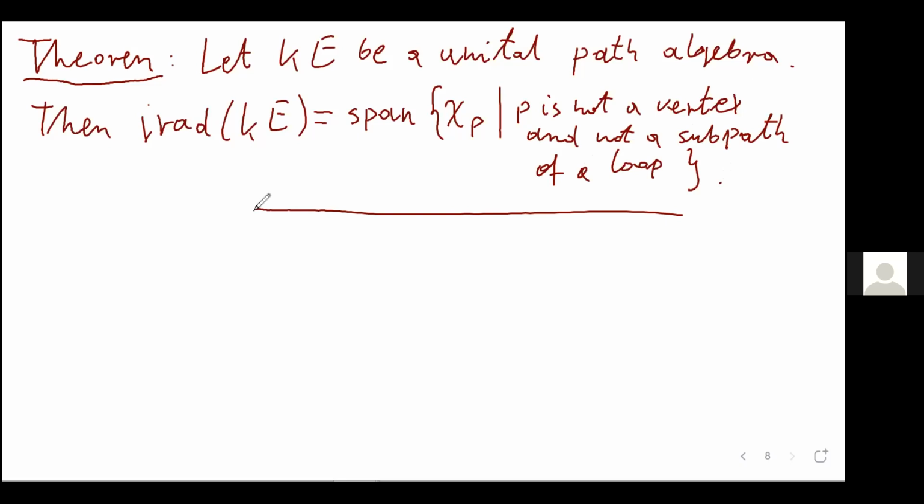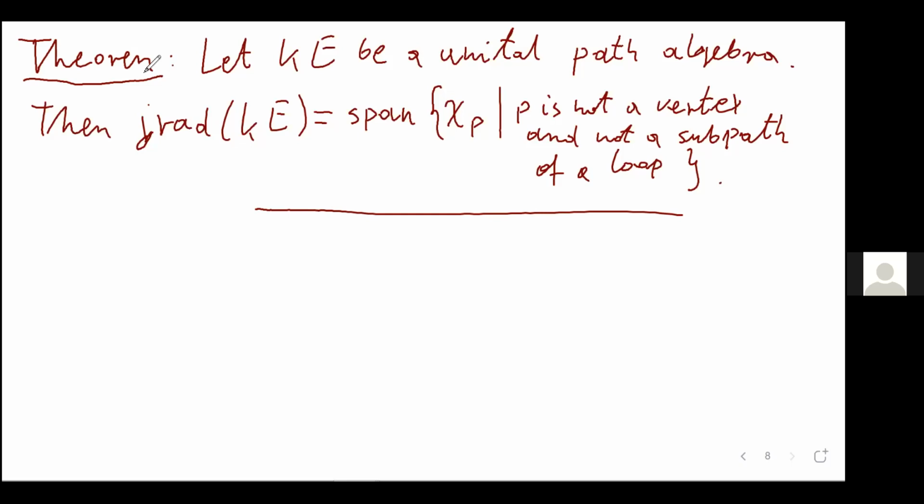And let me say why it is exciting. Well, it is exciting because it's completely general. I mean, almost. The only thing we assume is unitality. When you look into books, everywhere you find a much simpler version of this theorem, which assumes your graph to be finite and acyclic, or at least acyclic. When your graph is acyclic, then it's obvious that the set defined on the right is simply the arrow ideal.